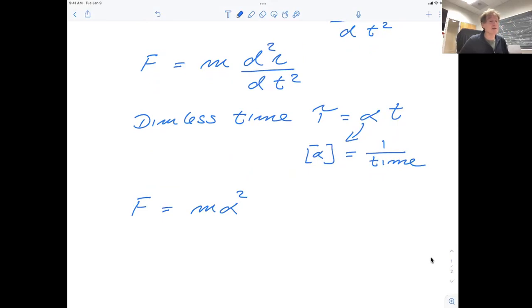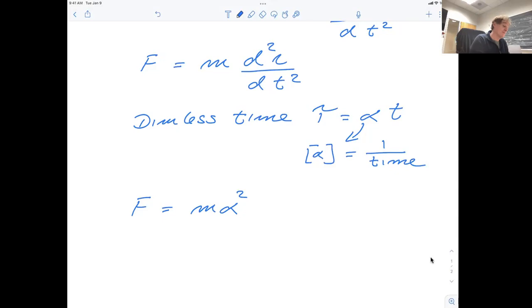As you will see later, when we are looking at specific physics cases, this alpha may introduce a natural timescale for that specific system. If we are setting up a dimensional position or length, it's going to reflect a natural length scale for the system, which is dictated by the physical constants specific to that system.